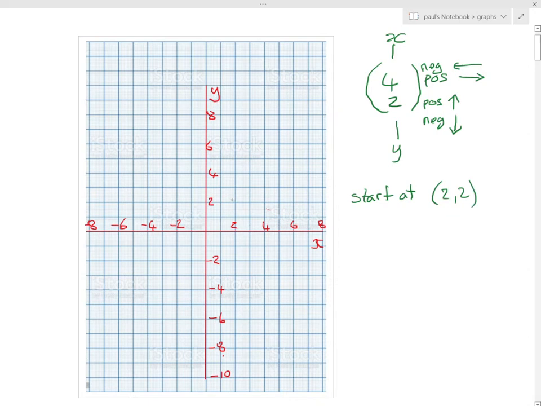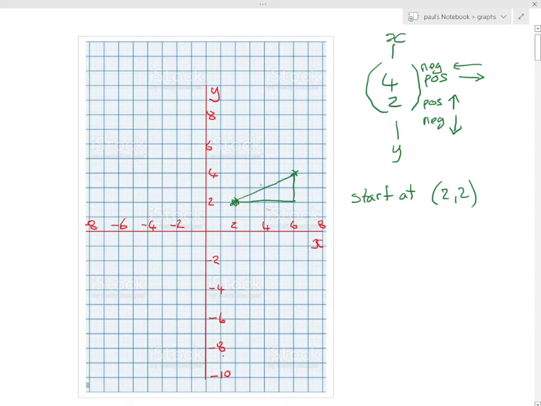So there's our 2, 2, is where we're going to start. And we're going to follow the vector 4, 2. So 4 is the x, and it's a positive, so we go right 4 places. And the y is 2, which is positive, so we go up. And that's where we end up. Yeah, and that would be our vector.